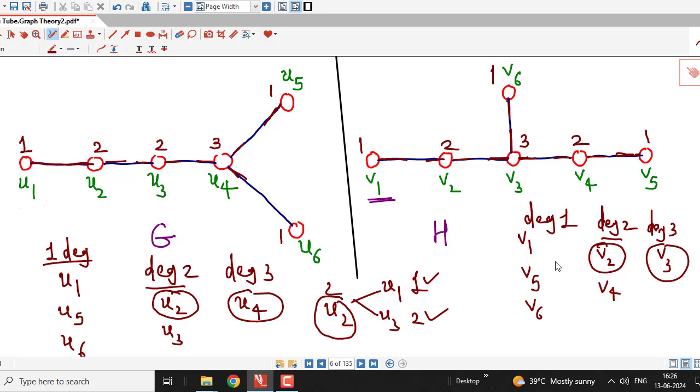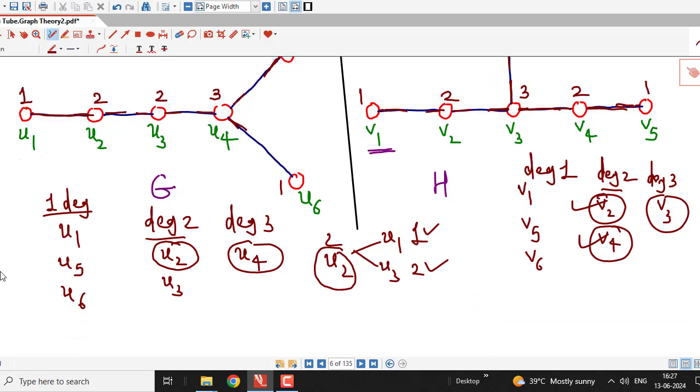So we cannot consider the image of u2 as v2. Now if we check for v4, then v4 is also adjacent with v5 and v3, which are vertices of degree 1 and 3. So v4 can also not be an image of u2. So it is not possible to define an isomorphism which satisfies the adjacency relationship here.